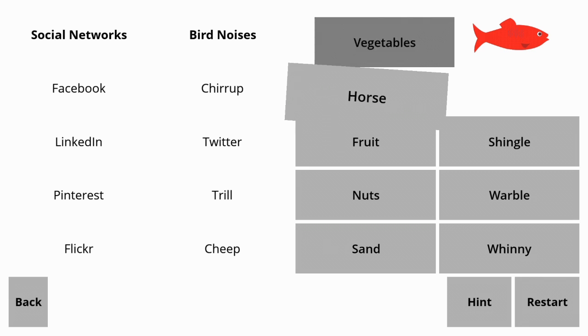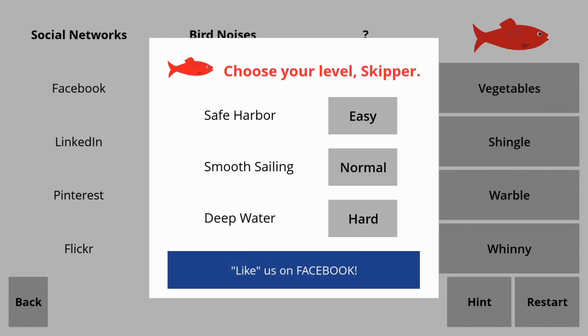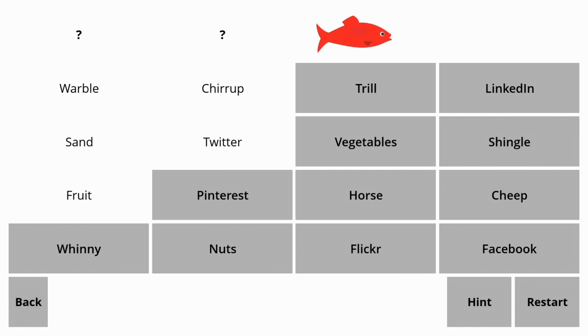Ooh, what about horse fly, fruit fly? No, I don't think any of those other things are flies. We'll level down. Warble, sand, fruit. Okay, that's the last set.